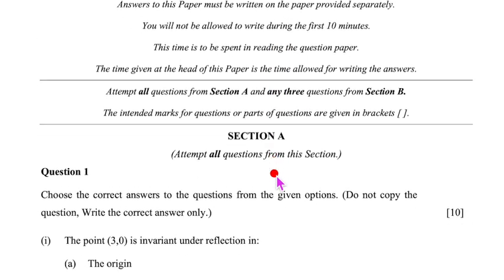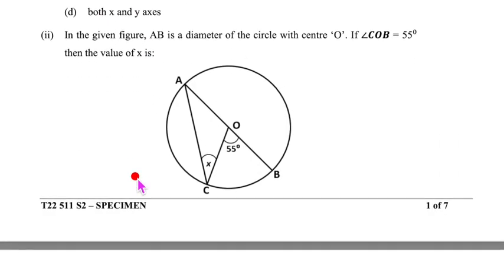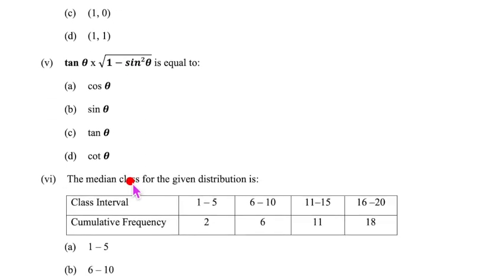Your paper consists of two sections, section A and section B, and the maximum marks are 40. The time allowed is 1.5 hours, which is more than you could have otherwise got if it was an 80-mark paper. So you are at an advantage for semester 2 examination. Start preparing right away. In section A you will have 10 marks, question 1 divided into 10 subparts.